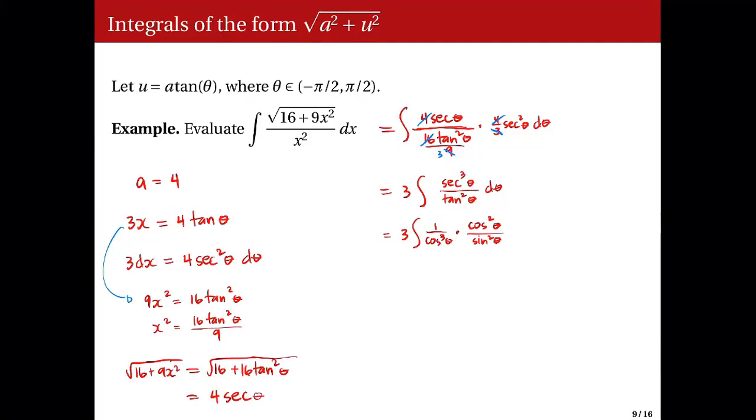And what will we get? So from here, we'll have 3 integral of cosine squared; we'll cancel the cosine squared in the cosine cube. So we will have 1 over cosine theta, and then we still have sine squared, so times 1 over sine squared theta.